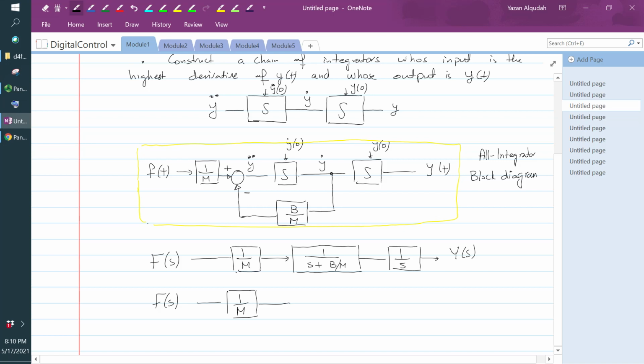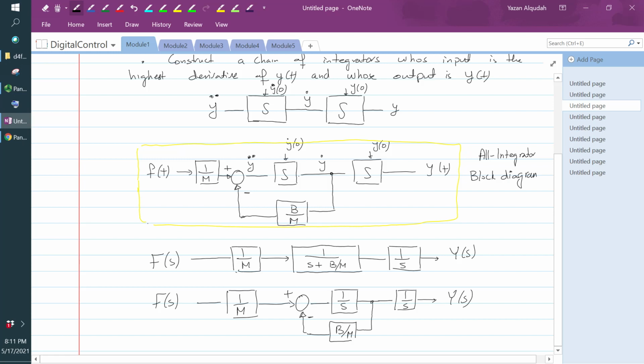Now this 1 over s plus b over m, I can write it as follows. This is 1 over s, and I can bring a feedback here and get b over m, and this is a negative feedback, negative, positive, and then I have 1 over s, and I have Y of s.